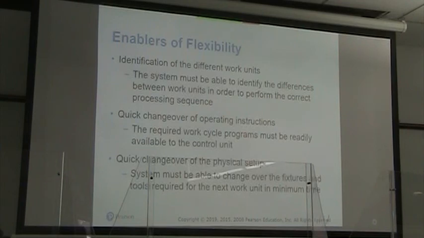Quick changeover of operating instructions. So our work cycle programs have to be available to the control unit and quickly. And quick changeover of the physical setup. We've got to be able to change out our jigs, fixtures, tools required for the next work unit in a minimum amount of time.